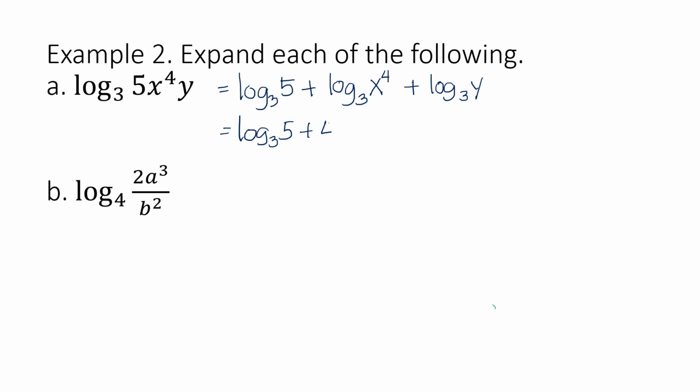So 4 times the logarithm of, that is x now, to the base 3. Its exponent becomes a factor. Plus logarithm of y to the base 3. So this is the expanded form of letter A.